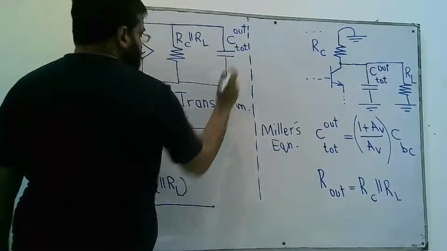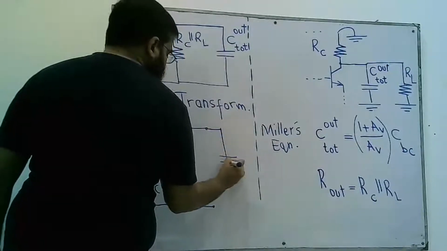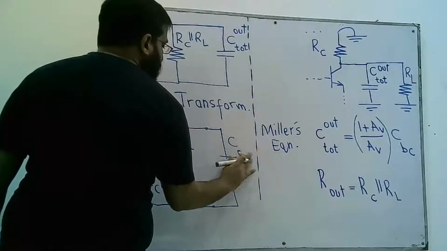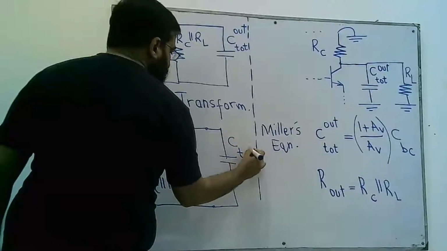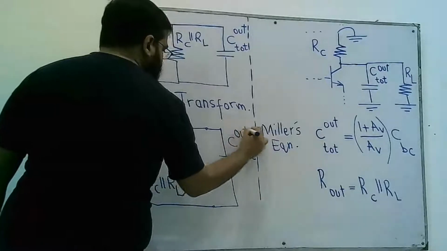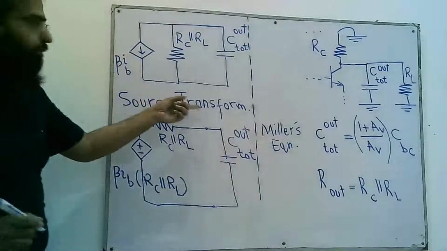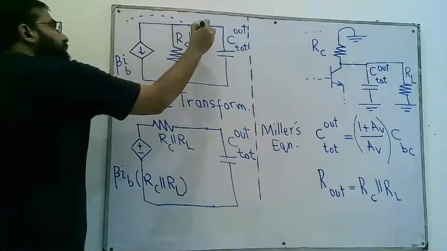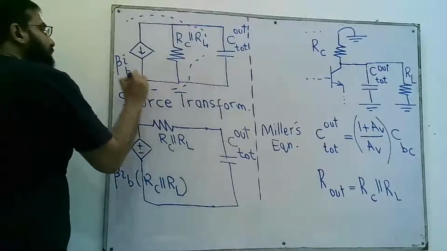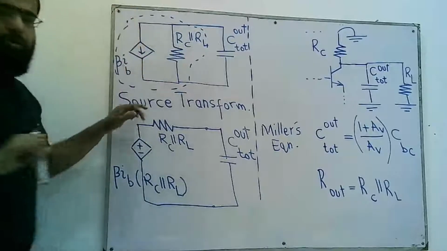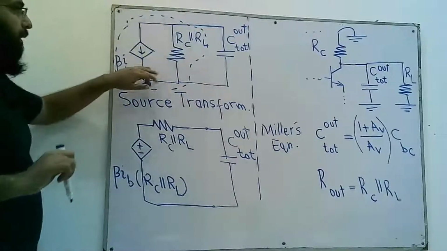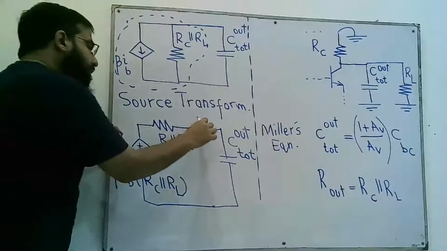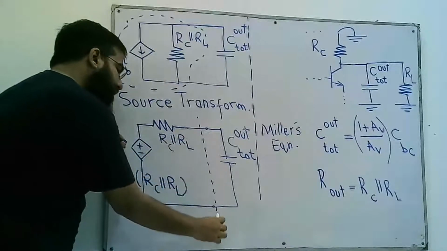And this load is as such. So we have applied source transformation, in which this portion, a current source in parallel with a resistor, is converted into a voltage source and the same resistor in series.